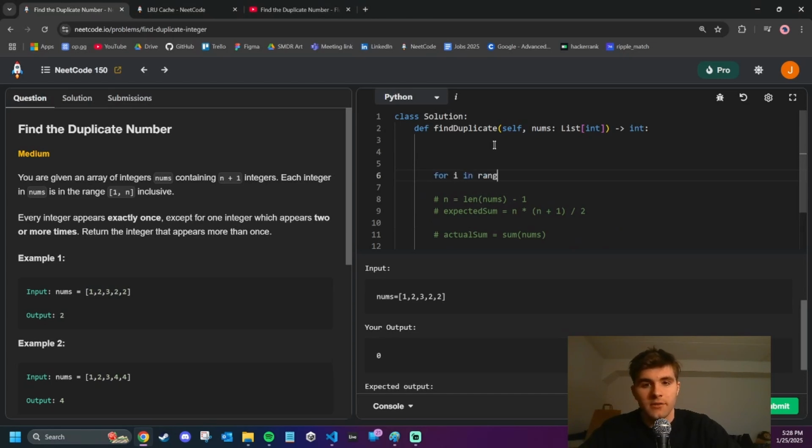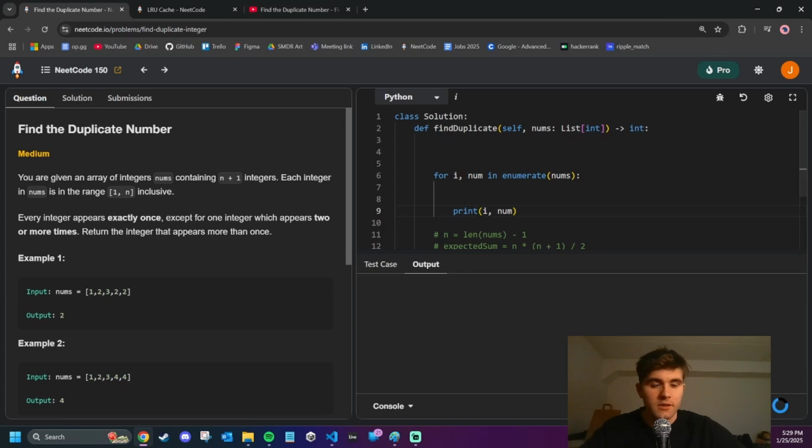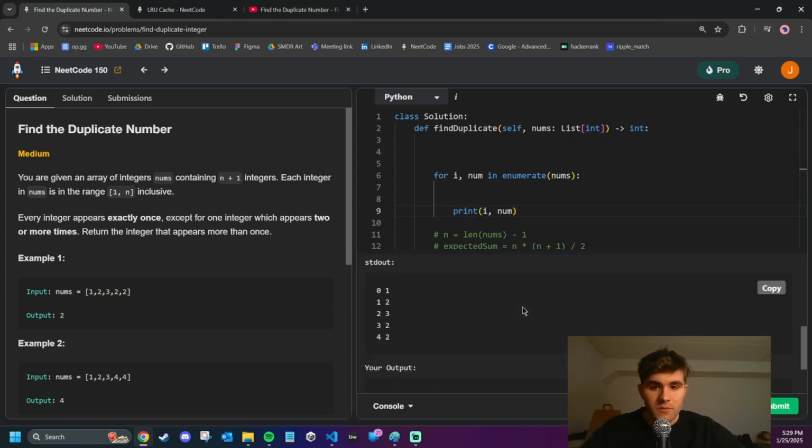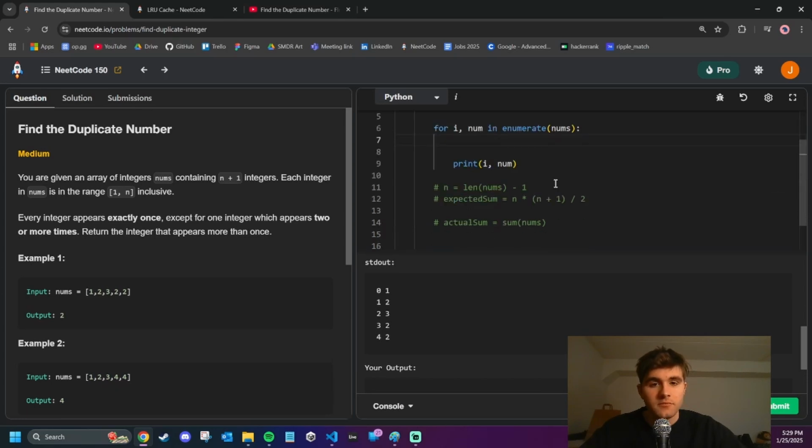So for I in range, I guess I could say for I, num in enumerate nums. I don't normally use that, so I just want to see if it's working there. Okay, looks good.